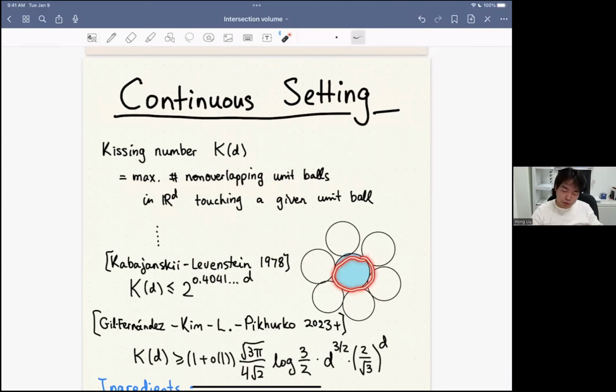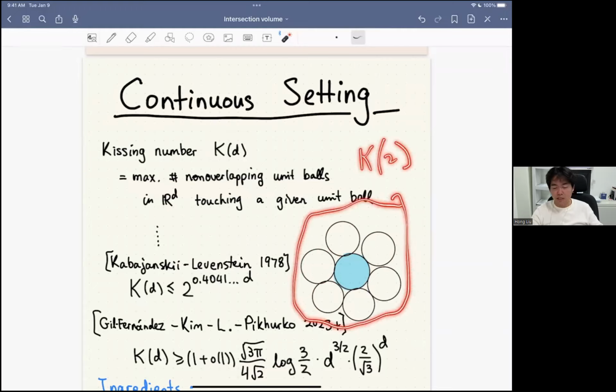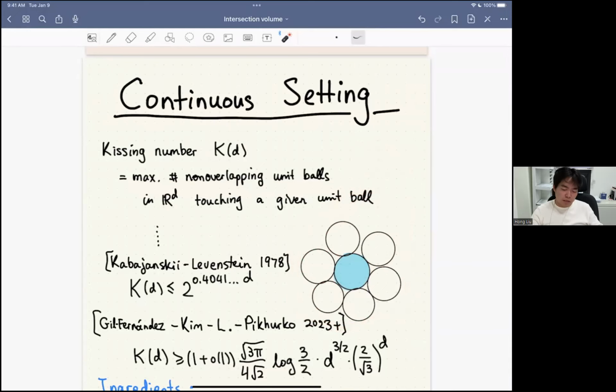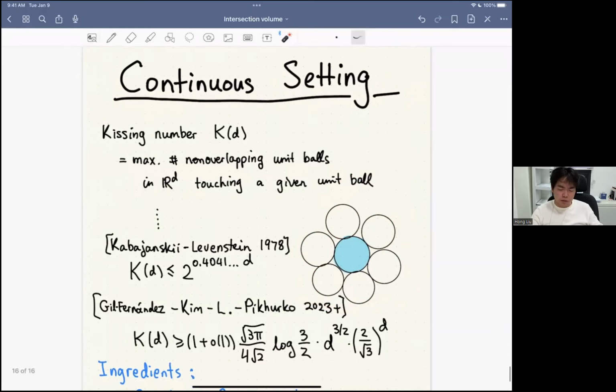Here's the picture. You have this center one that is given, and the question is how many you can put so that they touch this center one but have disjoint interiors. I didn't draw the picture perfectly. For K_2 in the plane, the answer is 6, as drawn here. You cannot pack more. The asymptotic behavior as D grows is one of the questions that people cared about, and there's an exponential gap.